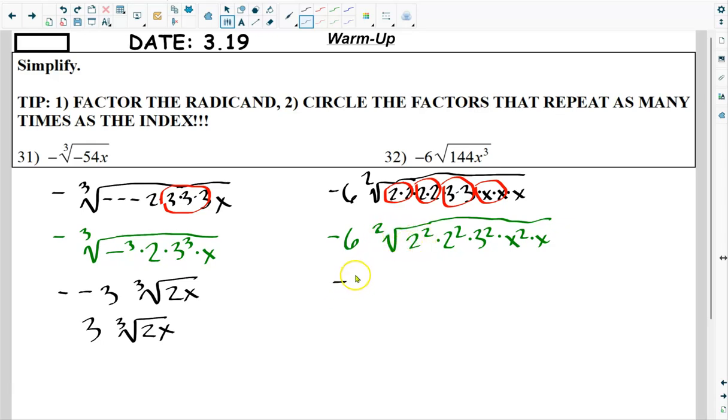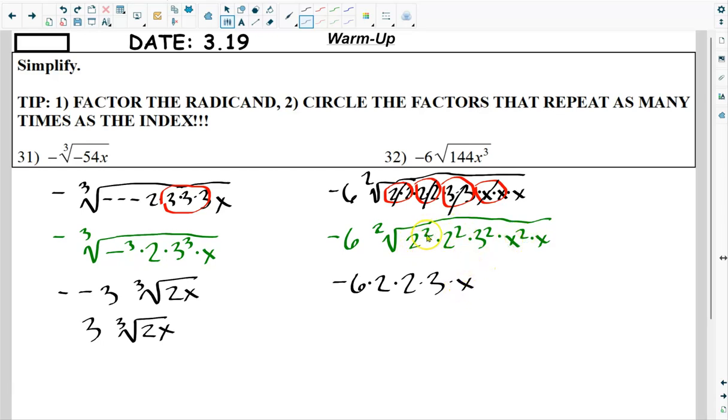Here's this 2 from there, the 3, and the x. Or this cancels this square, this 2; this cancels this one, the 3; this cancels that, the x.